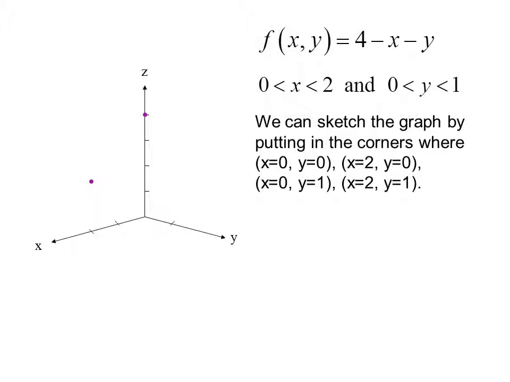Where x equals 0, y equals 1, f of xy equals 3. And where x equals 2, y equals 1, f of xy equals 1. Remember, f of xy is the same as z. Now we draw our shape.